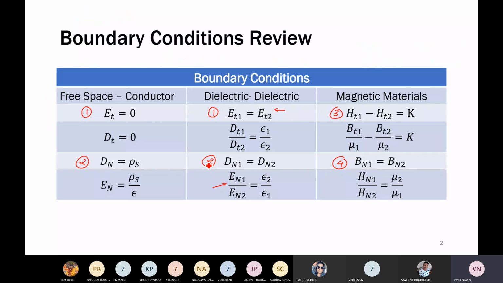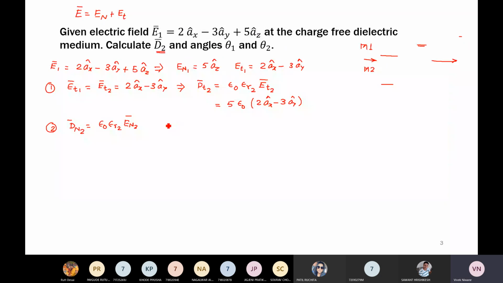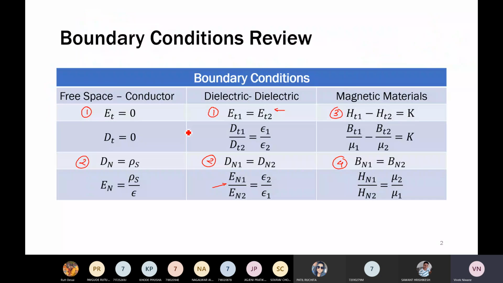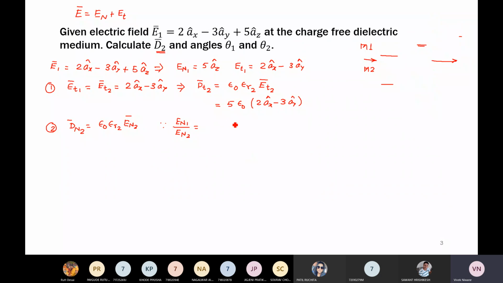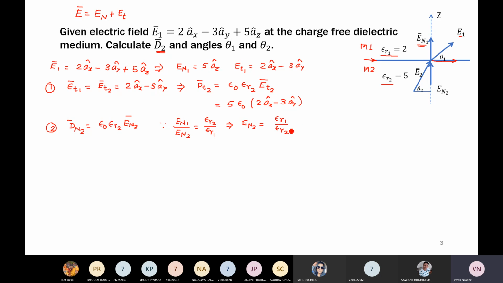If you remember over here, En1 and En2 are related with each other like this. So we will write down, since En1 upon En2 is equal to, okay, what we had in the formula, epsilon 2 upon epsilon 1. So we will write down epsilon r2 upon epsilon r1, that gives us En2 as epsilon r1 upon epsilon r2 En1.